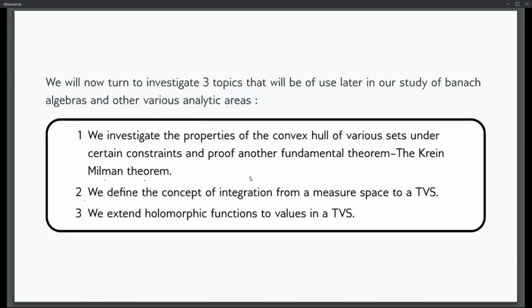And we're going to define it in a very interesting way, just based on what properties we want our integral to satisfy. After we finish this section, now that we have a form of integral on functions that lie in a topological vector space, we can extend concepts like a holomorphic function. We can even extend a variety of topics, but that's another story.